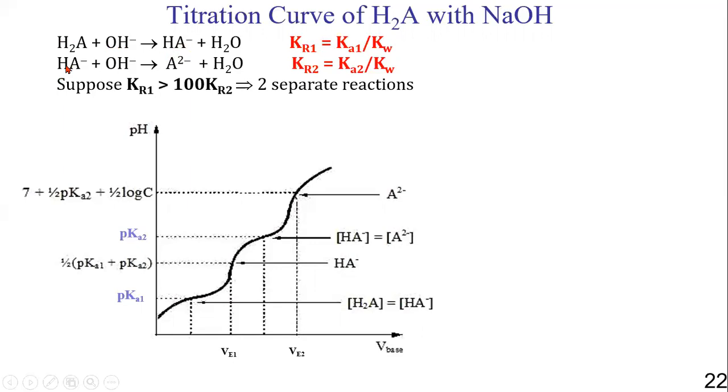And then the HA minus also reacts with OH minus to produce A2 minus, again in a complete reaction by assumption. And we also suppose that reaction 1 finishes before reaction 2 starts. And that means that K reaction 1 is greater than 100 K reaction 2.